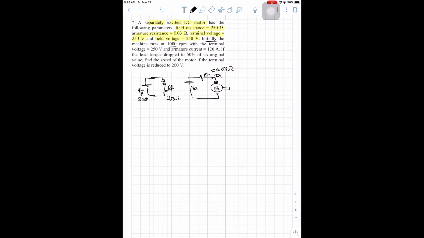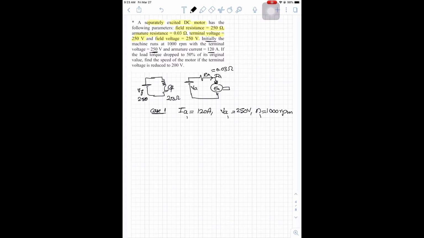The machine runs at 1000 RPM and the voltage is 250 volt and the armature current is 120 amperes. So we can write case 1, the initial case: I armature equal to 120 ampere, V armature equal to 250 volt, and N equal to 1000 RPM. And we can name these as case 1.